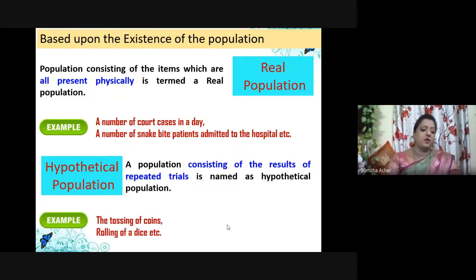And hypothetical populations. Hypothetical populations are those populations consisting of the results of repeated trials. For example, tossing of a coin. You know that the coin can result in two types of outcomes, head and tail. But a researcher is not certain whether the outcome will be a head or a tail. So this is what is called a hypothetical population.